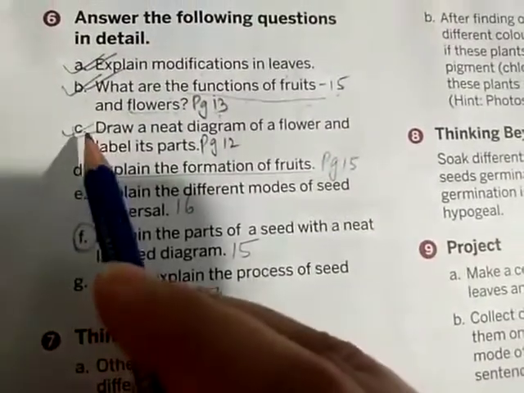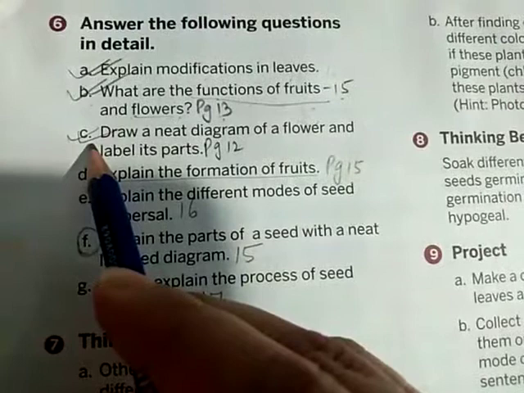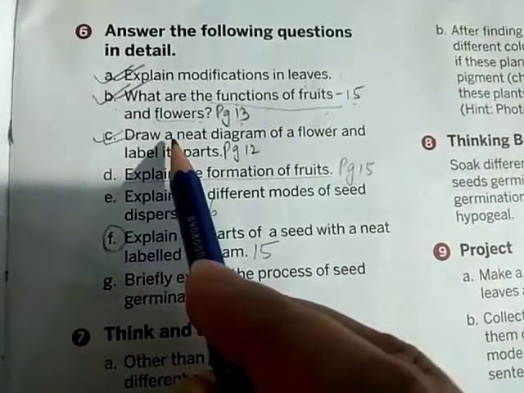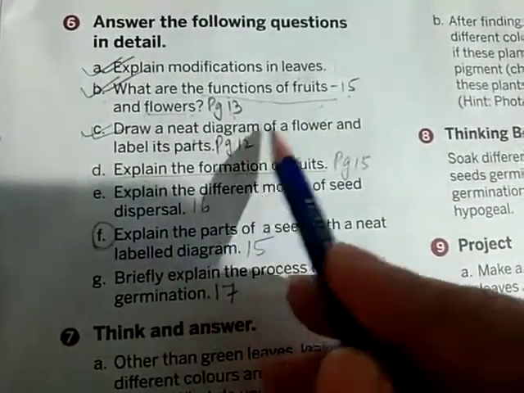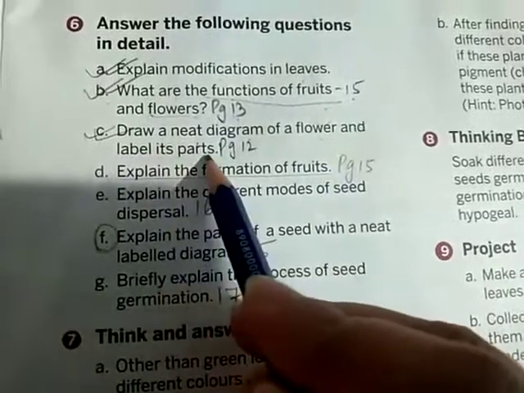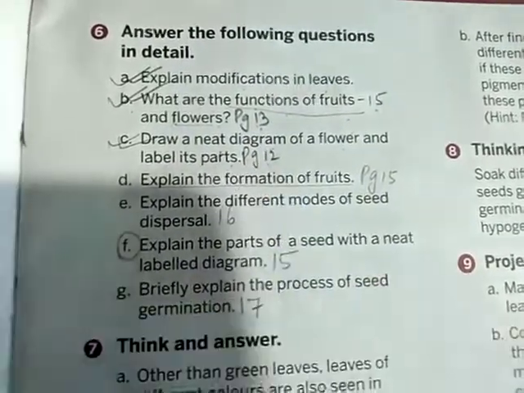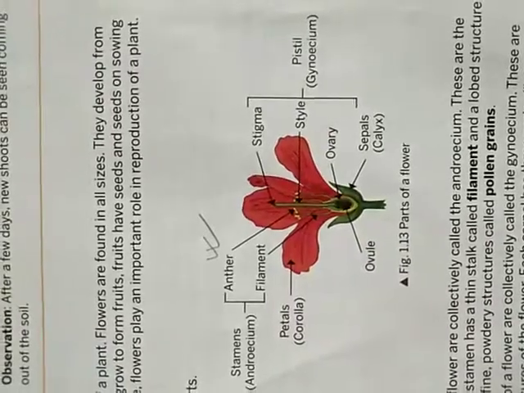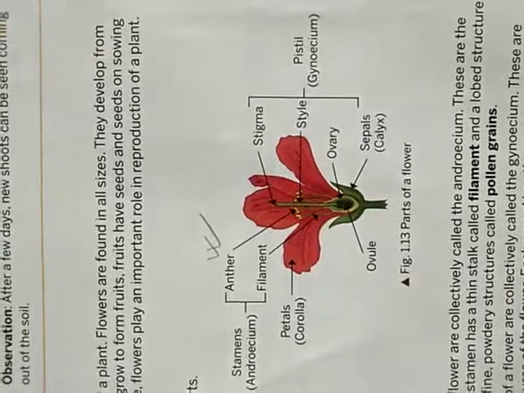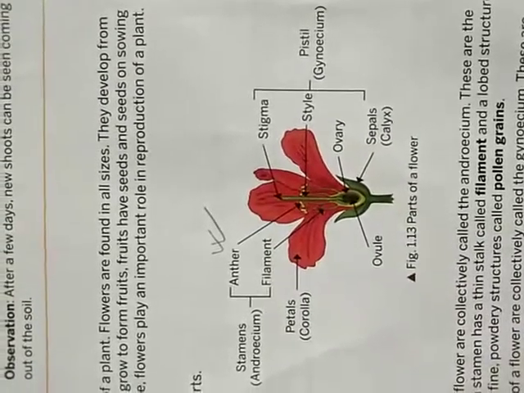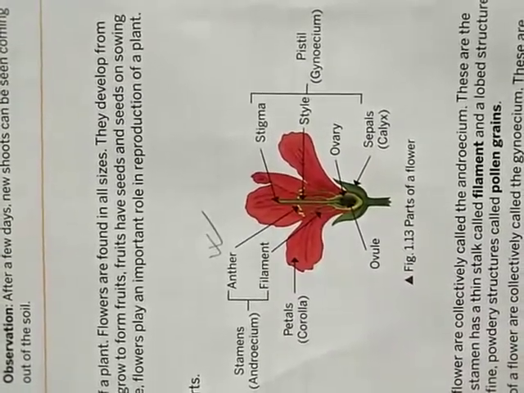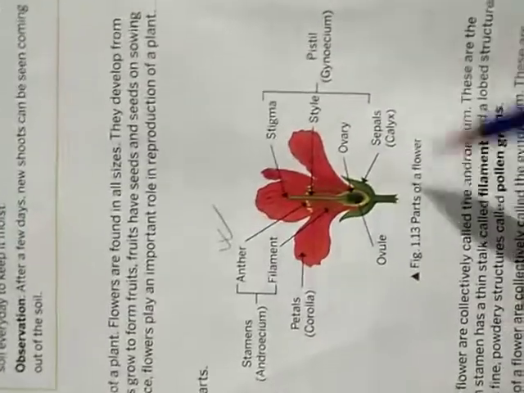Continuing with question number 6c, draw a neat diagram of a flower and label its parts. You can move to page number 12. Here in page number 12, you can clearly see it is given figure number 1.13, parts of a flower.